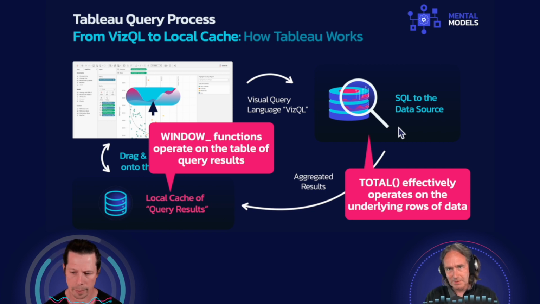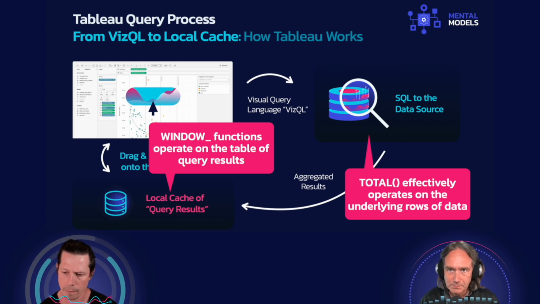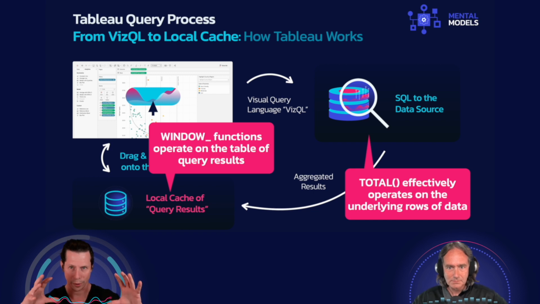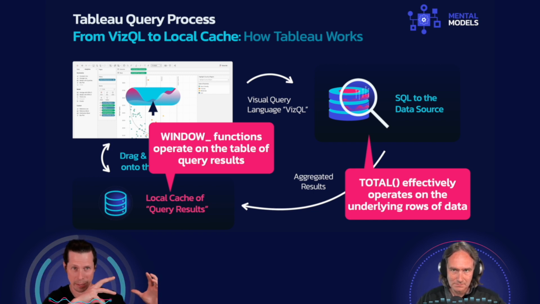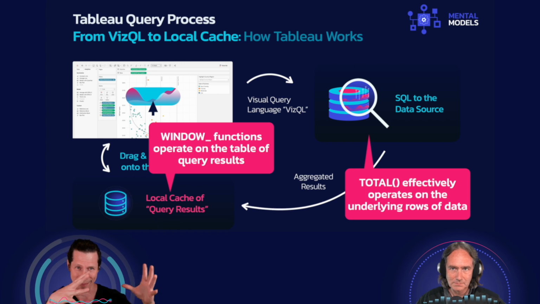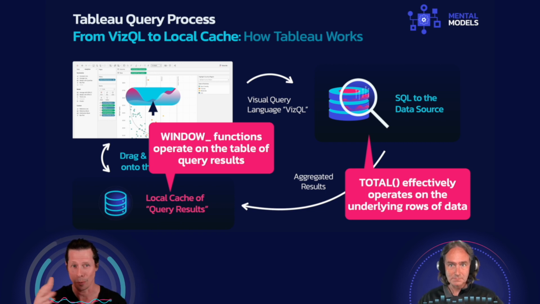That makes it super clear. The window is just operating on the aggregate result set that came back from that query. And with those window functions you mentioned, I could re-aggregate that aggregate result set with a window average or a window median or a correlation. There's lots of different stuff I could do.